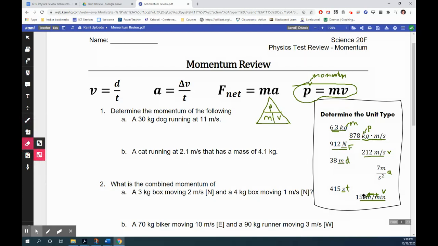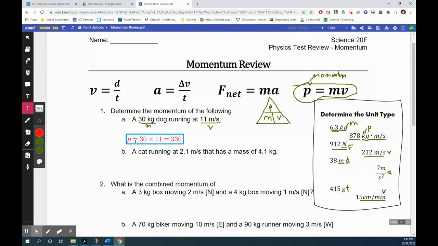All right, so we've got our units down packed, and now we can do a good job of doing our questions. A 30 kilogram, this is the mass of the dog that is running at 11 meters per second. That's its speed. We're going to use P equals mv. And so to do that, we do P equals, and our mass is 30 times our velocity of 11 meters per second, and we get 30 times 11 is 330.